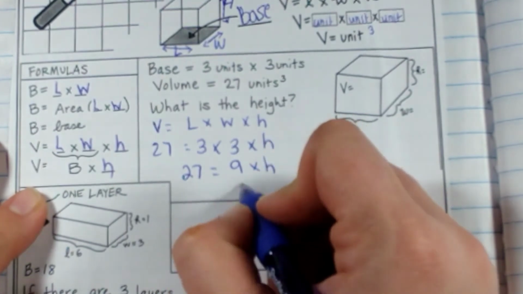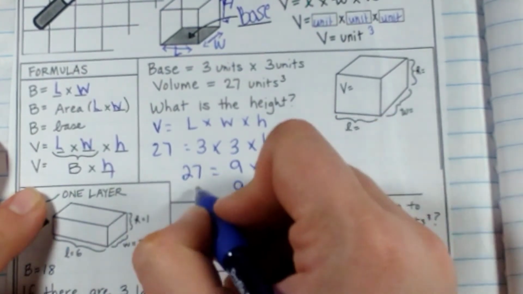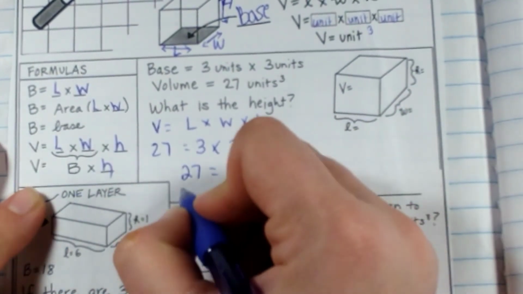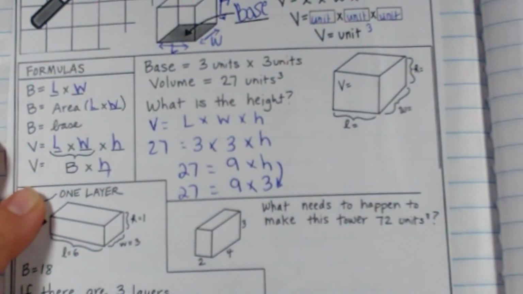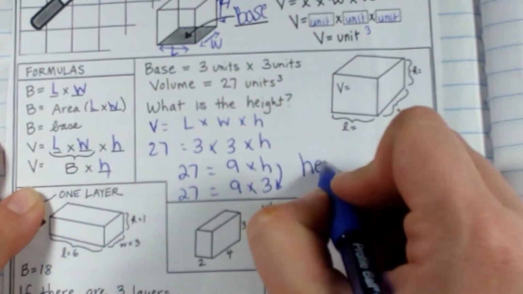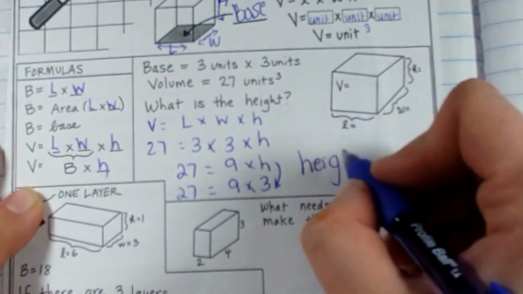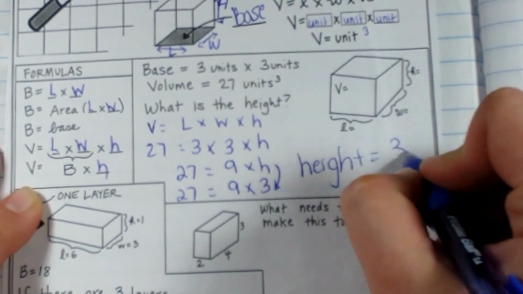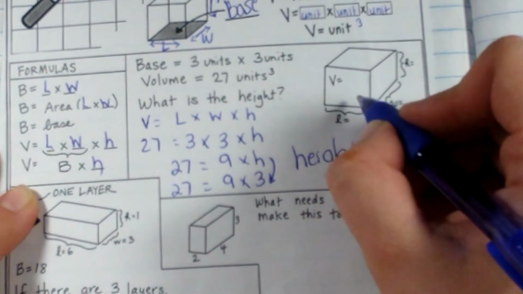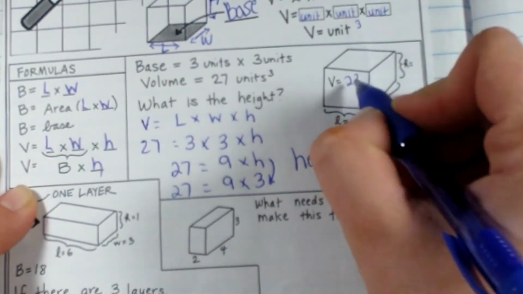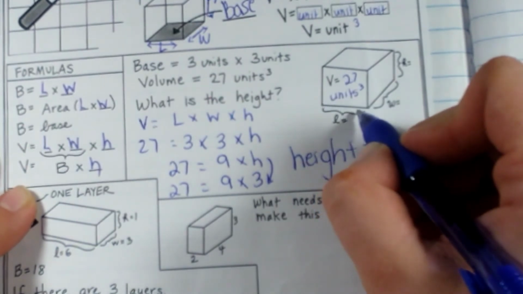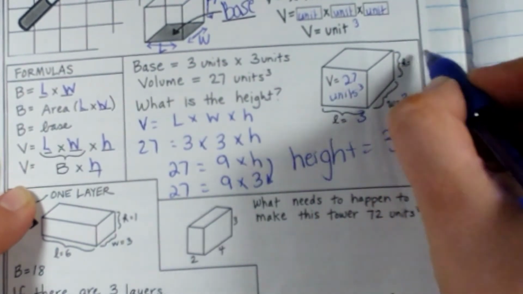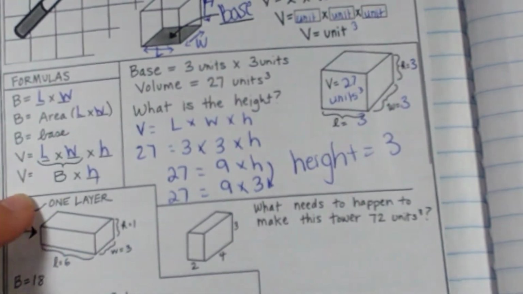It would be 9 times 3 equals 27. So 3 is my height. What times 9 is 27? 3. So my volume is 27 units cubed. My length is 3, my width is 3, and I found out my height is 3.